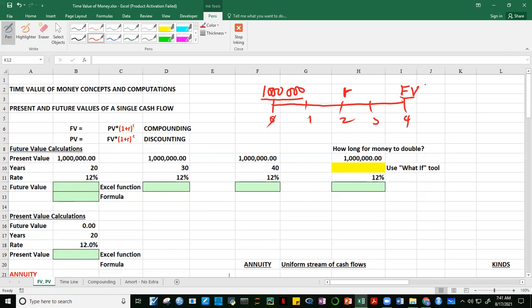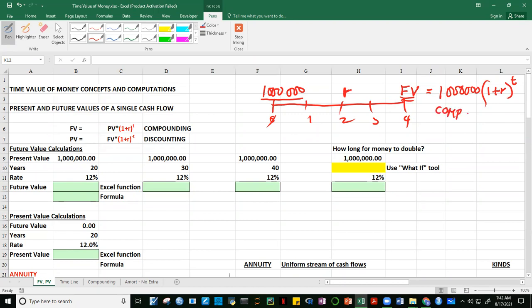And you can easily compute for your future value using the formula. Future value is equal to whatever amount you have, let's say your 1 million, multiplied by a certain factor. And that factor is 1 plus your R, raised to the T, the number of periods, where T in this case is 4. This process of getting the future amount of a particular amount now is called compounding.